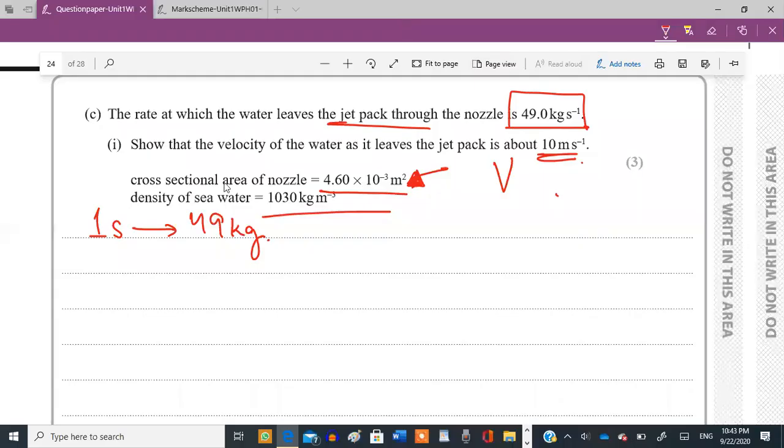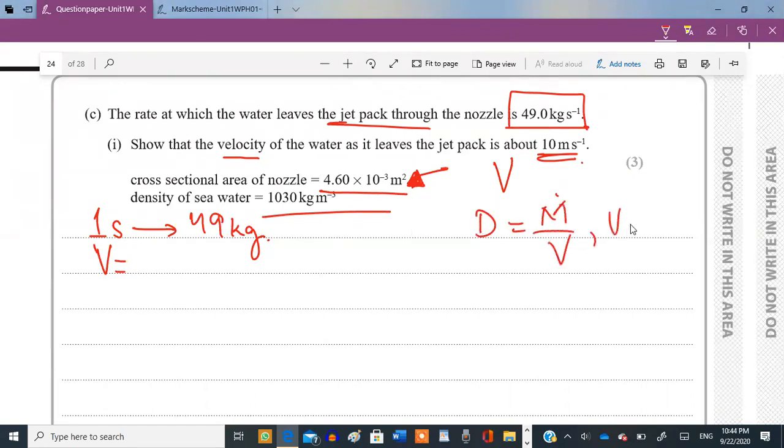In this question, they are asking us to show that the velocity of water is 10 meters per second as it leaves the nozzle. They told us that in 1 second, 49 kg of water is moving out of the nozzle. And they gave us a density of water. We can use it to calculate the volume of the water that is flowing out in 1 second. Density is equal to mass upon volume.